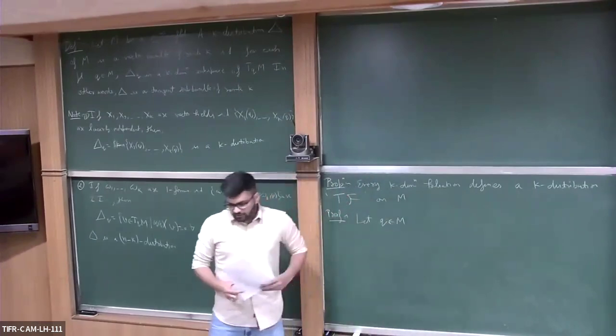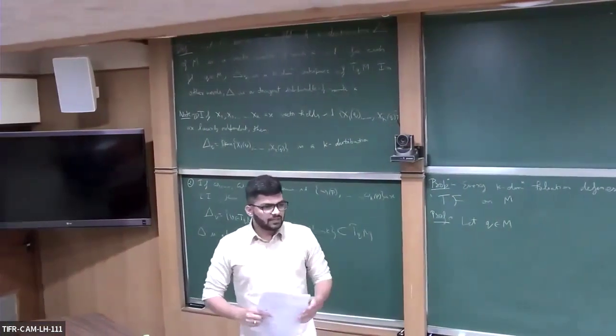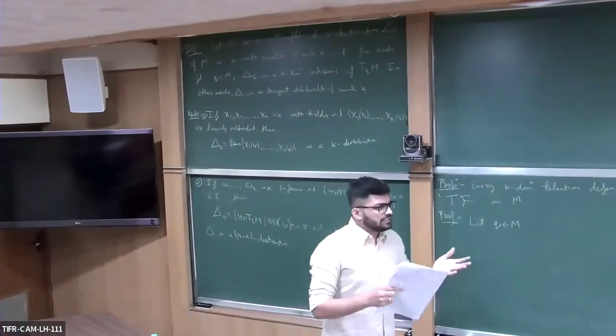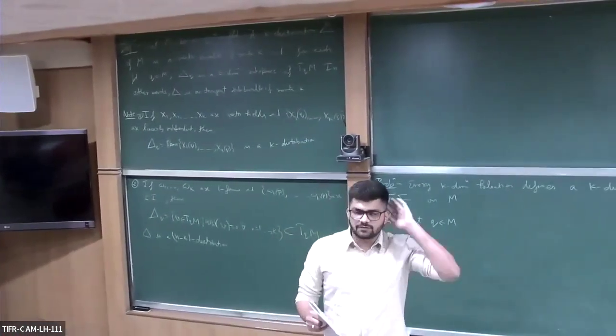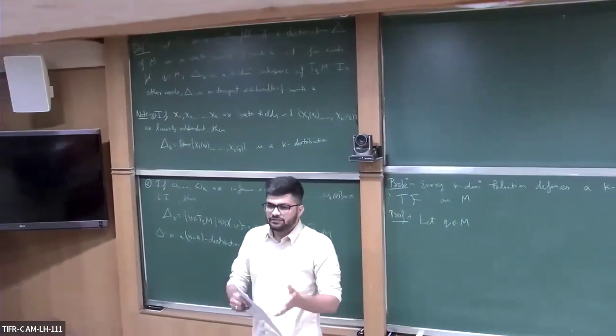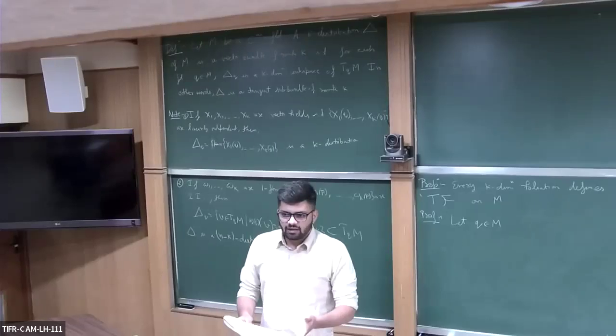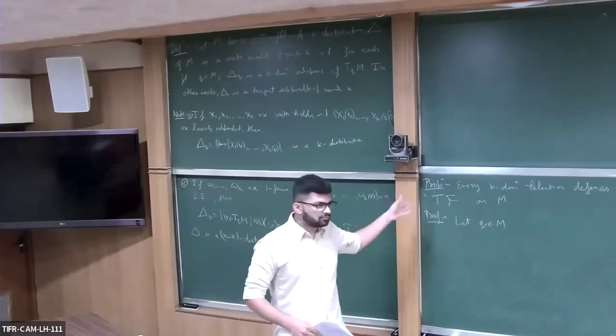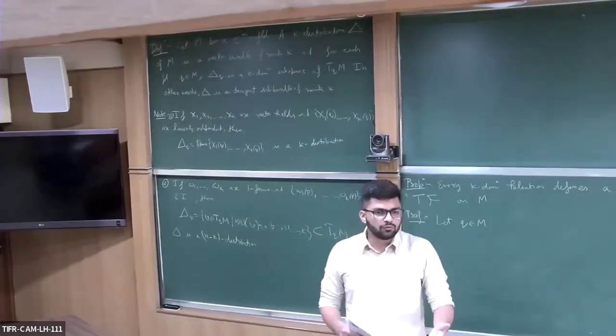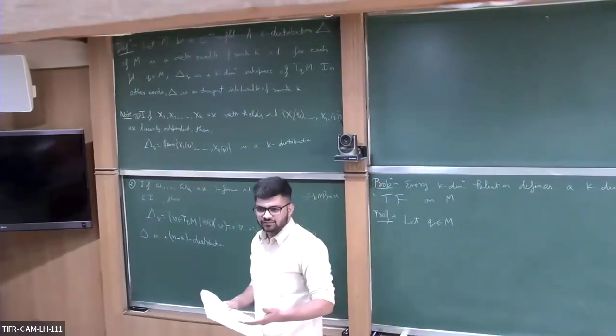By definition of a foliation, what are leaves? Leaves partition the manifold, and by definition they come out as equivalence classes of an equivalence relation.